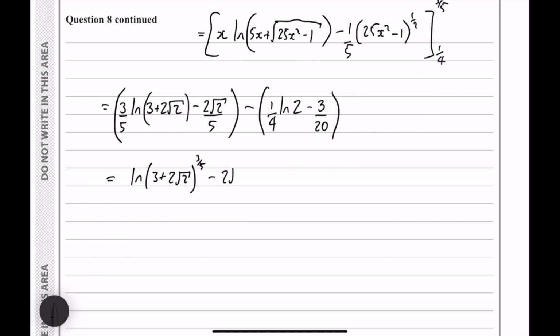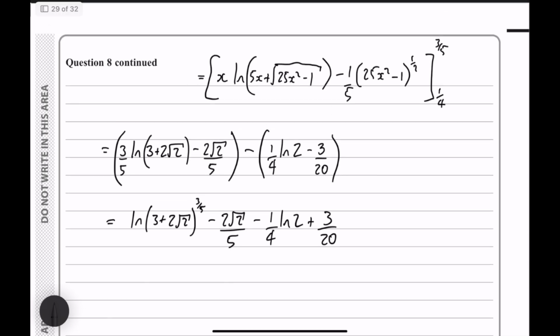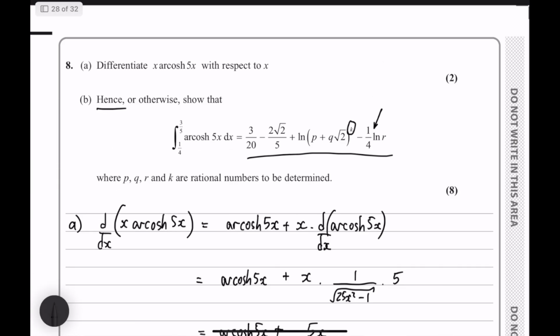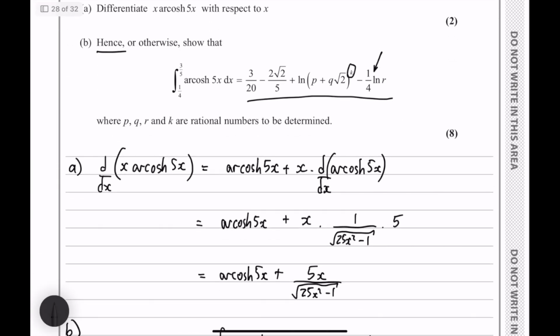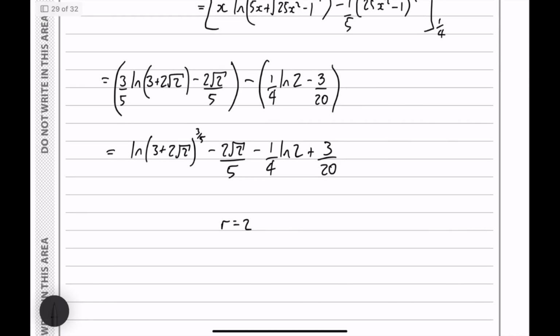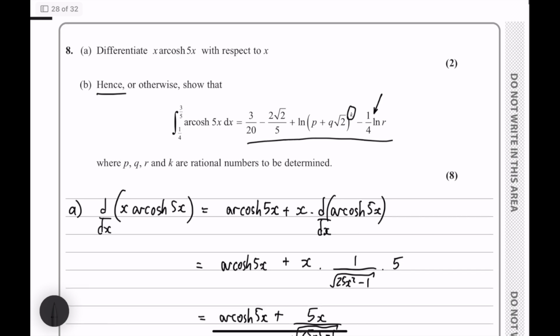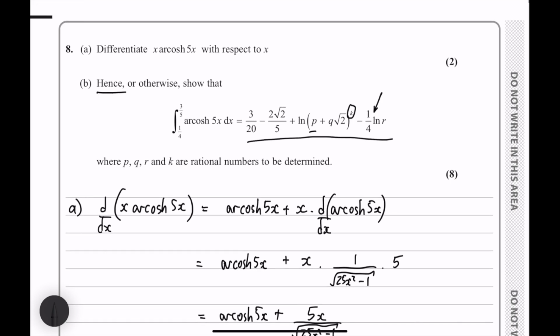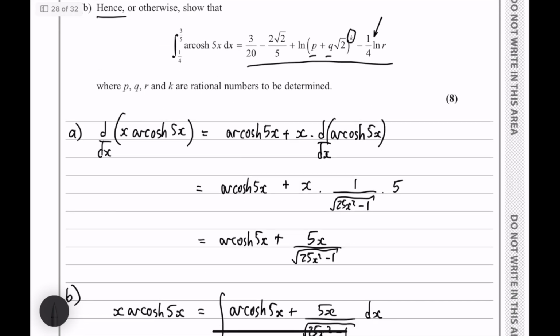We've got minus 1/5 of 2√2 minus 1/4 of log 2 plus 3/20. The quarter log stayed the same, didn't it? Yes, minus 1/4, so r is a 2, and the power and the two numbers inside, p, q, and k.